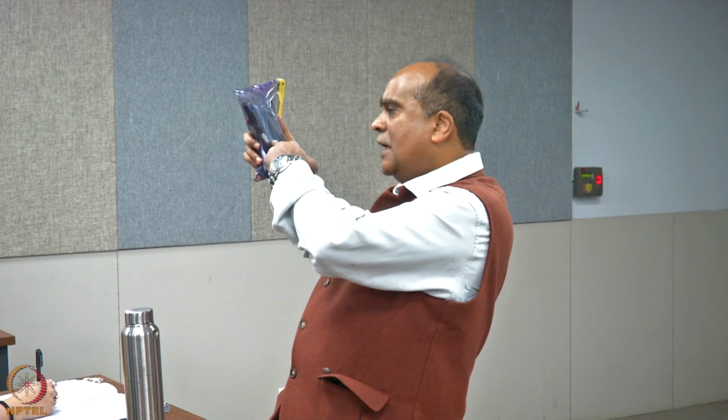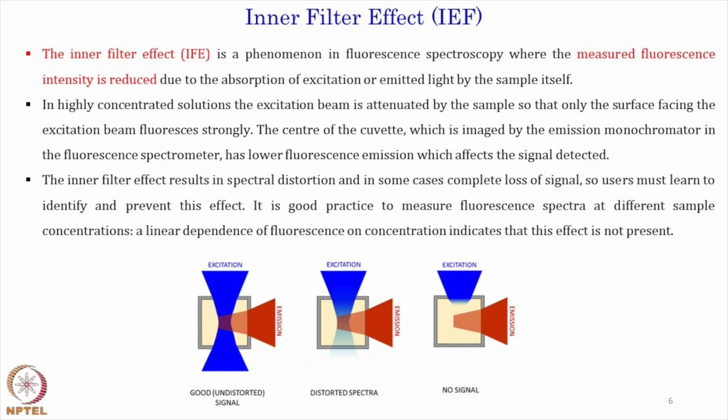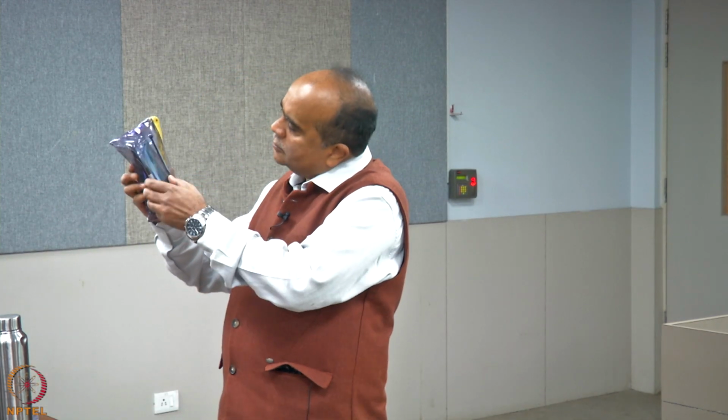If concentrated sample, what happens, wherever the excitation light shines, this gives good fluorescence, but when it comes to the other fluorophore, it gets attenuated, right. So, the center of the cuvette which is imaged by the emission monochromator of the fluorescence spectrometer has a lower fluorescence, because light did not reach here.